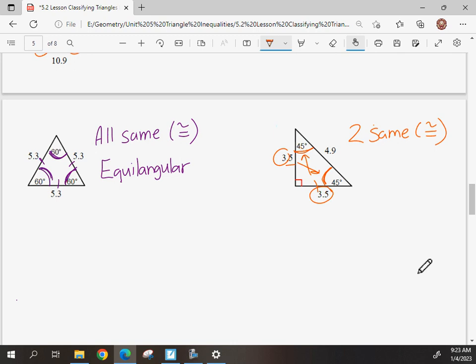Different from when we have two sides that are the same, this is also a way to determine that a triangle is isosceles. So we can figure out that a triangle is isosceles by looking at the side lengths and seeing that there are two sides that are the same, or by looking at the angle measures and seeing that two angles are the same. So an isosceles triangle is this very special triangle that we can identify based on its side lengths or its angle measures. It's also got the coolest name.